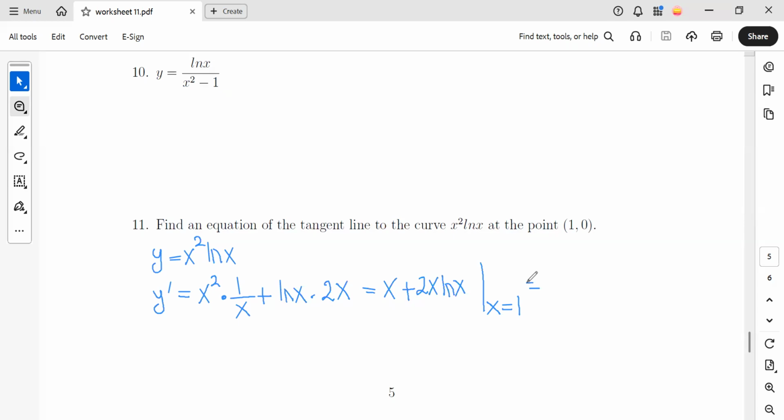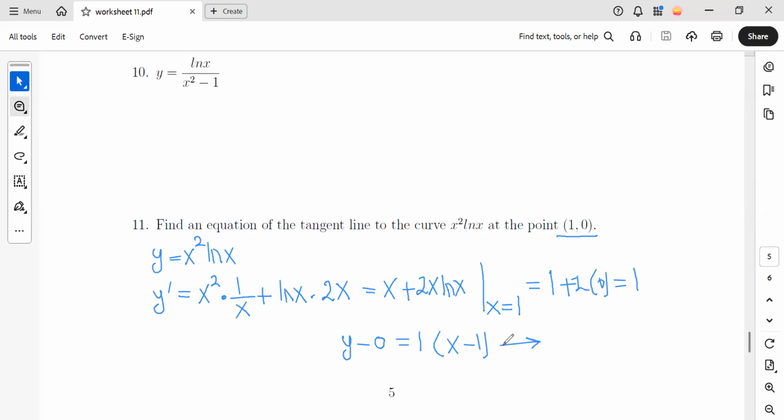So when you plug in 1, you would get 1 plus 2 times 0 equals 1. This is the slope, and using the point that we have here, the tangent line equation will be y minus y sub 0, which is 0 here, equals m, the slope, which is 1, times x minus 1.